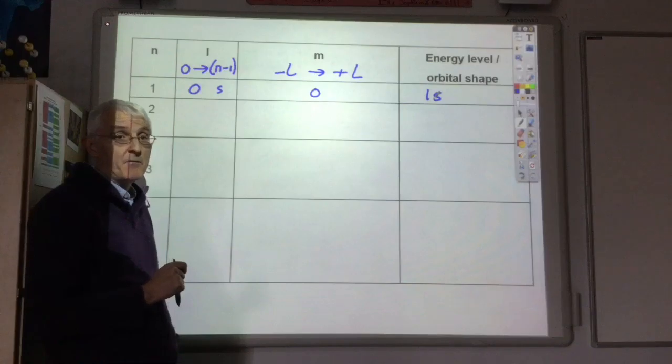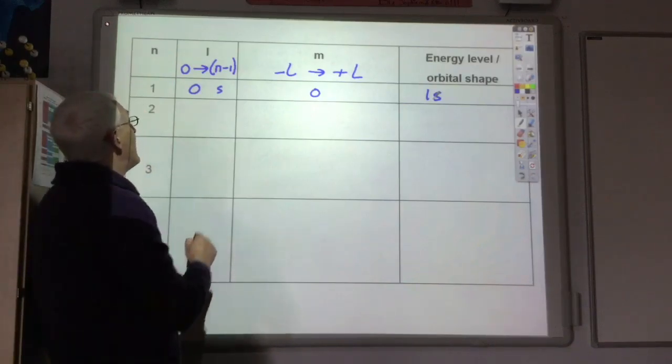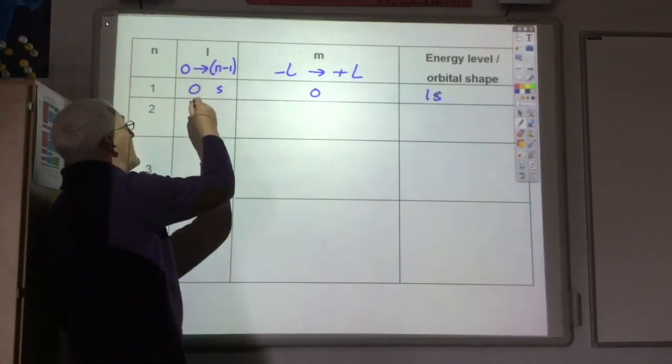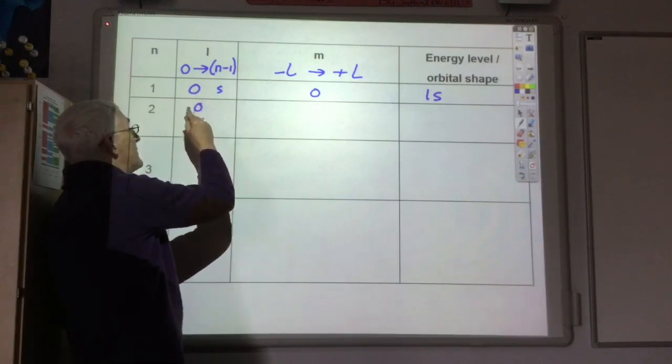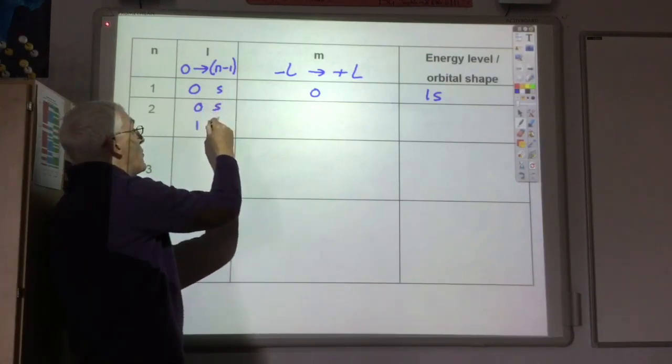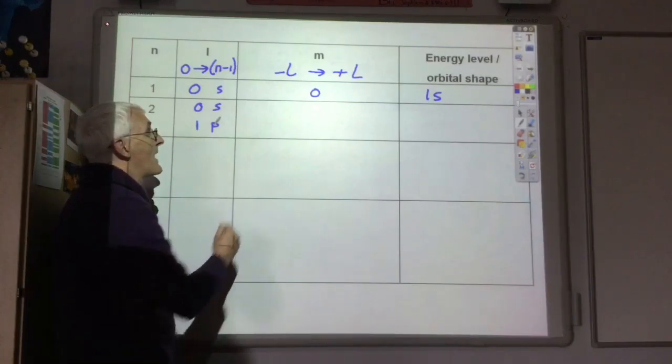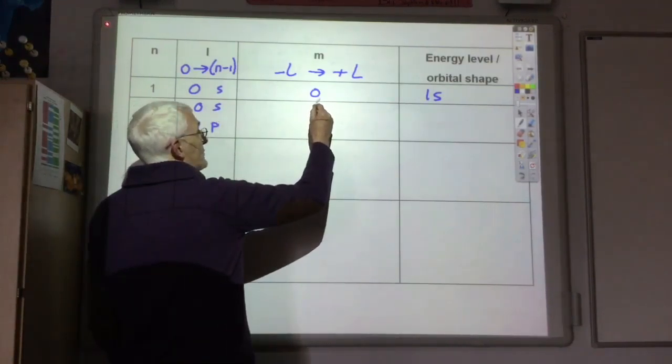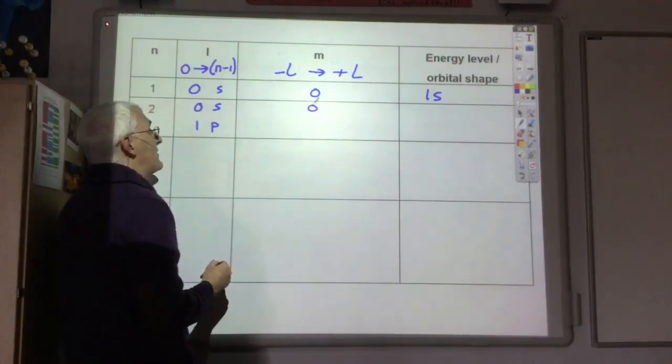If the principal quantum number is 2, then l can go from 0 to 1. So 0 if it's an s orbital, 1 if it's a p orbital. For the s orbital, the value of m is always 0.